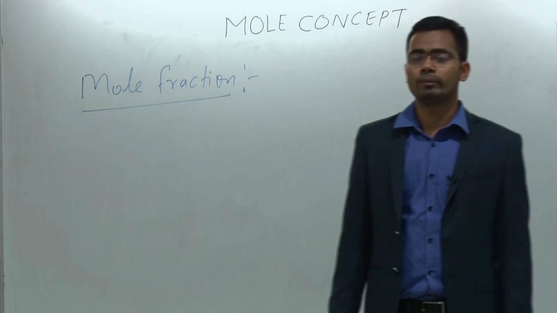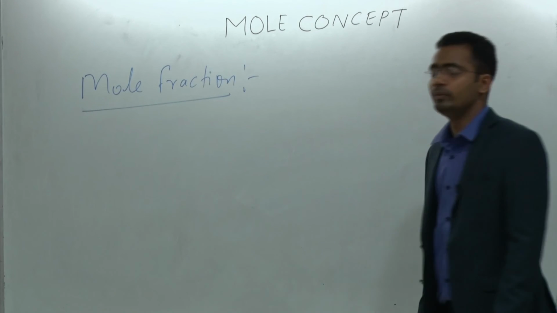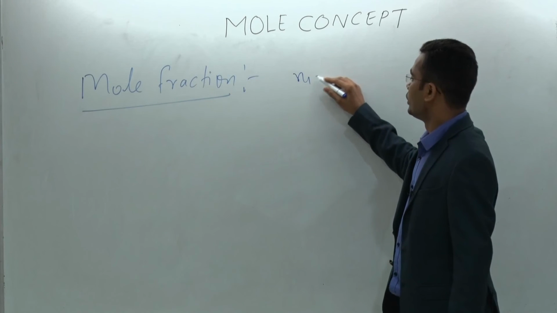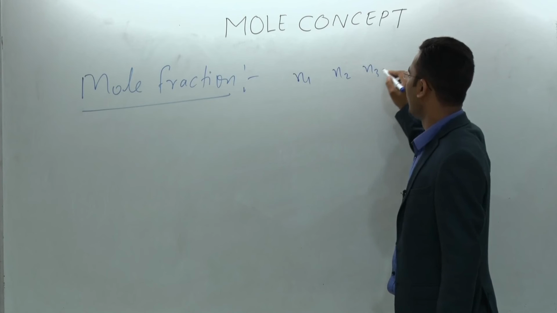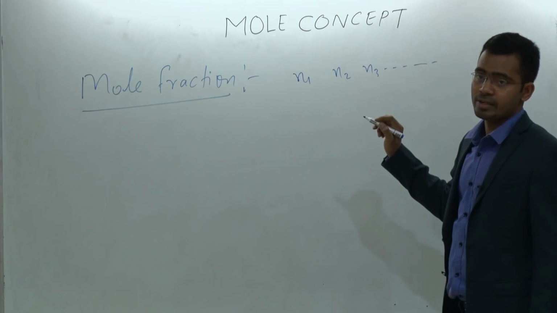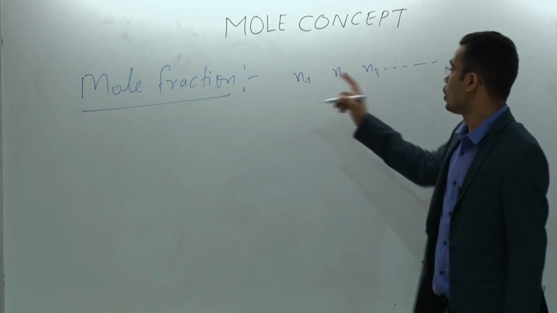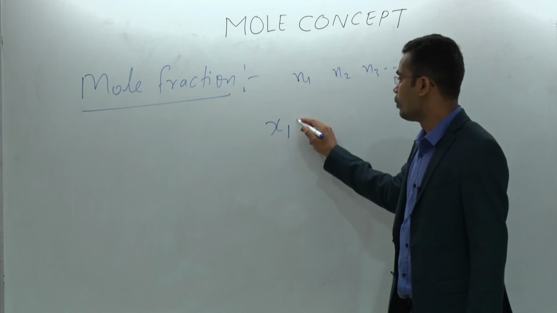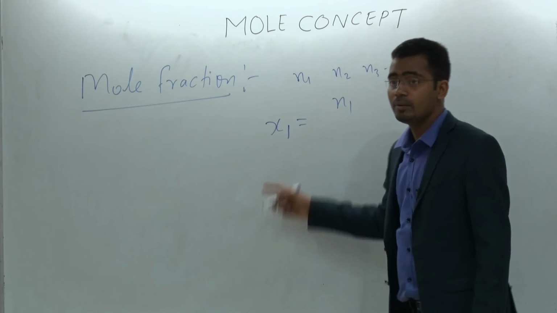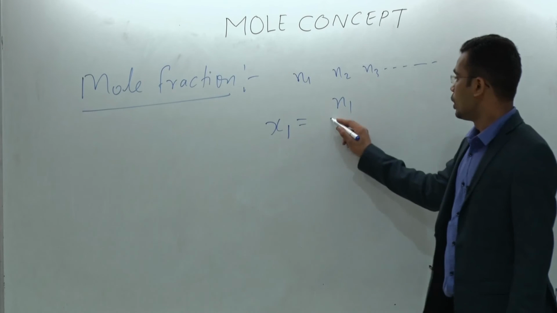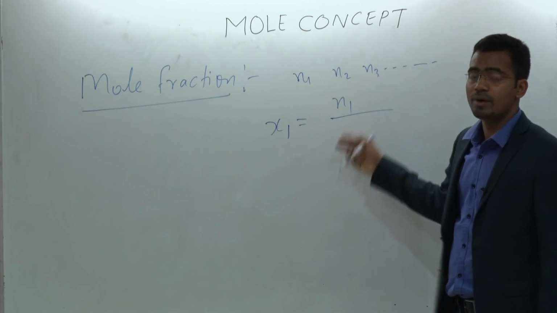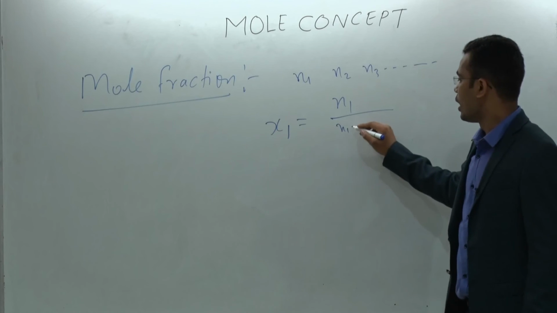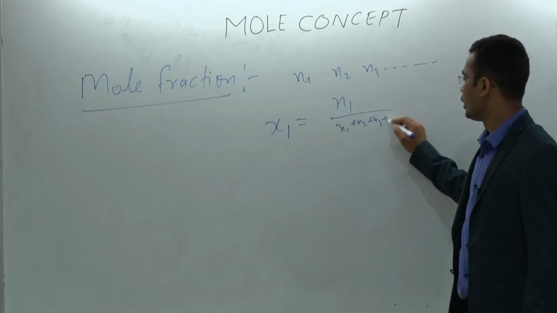For example, if we have N1, N2, N3 and so on moles present, and we have to find the mole fraction of component 1, you can write like this: x1, the mole fraction, will be equal to moles of this component divided by moles of all components, that is N1 plus N2 plus N3 and so on.